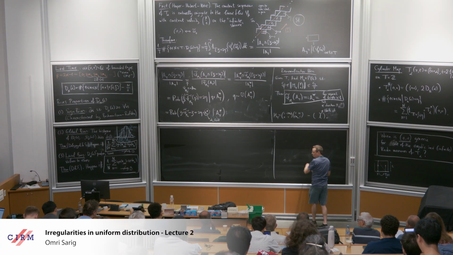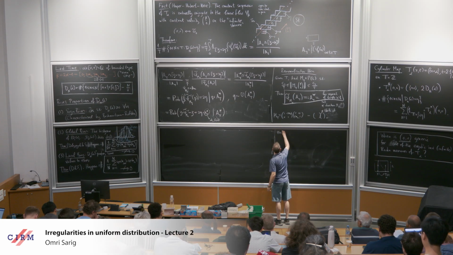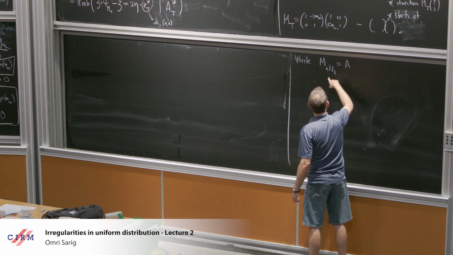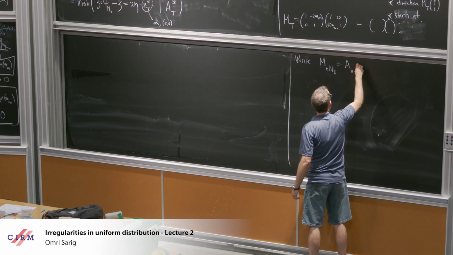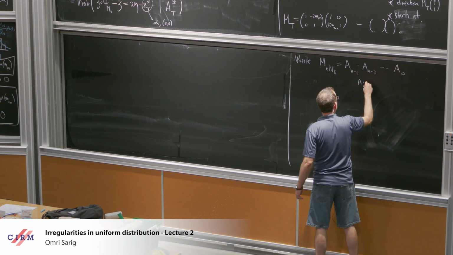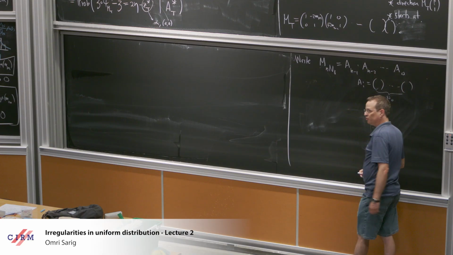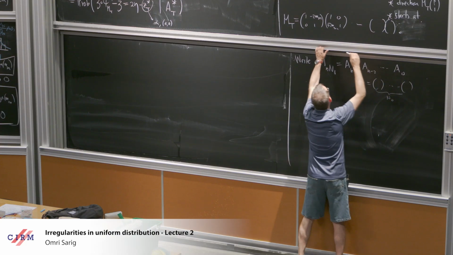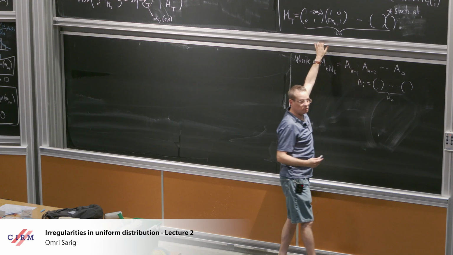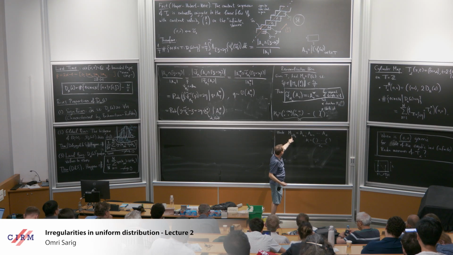Write 2n as n times n naught, the product of n matrices, where each A_i is going to be the product of n naught consecutive matrices. How many matrices do I have here? 2n, since each coordinate gives me two matrices. So imagine that I take my 2n to be n times n naught.